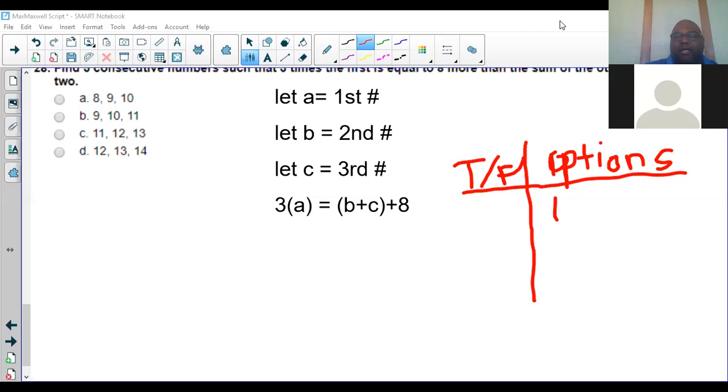Now I'm going to add 9 and 10 together, 9 plus 10, and that should be 8 more. So 24 doesn't equal 27, correct?